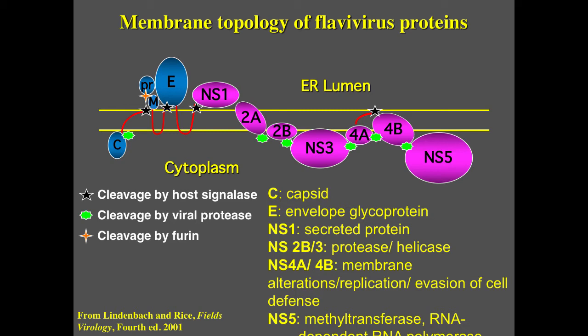Then this NS2B3 protease first autocleaves itself, and then it's active and is able to cleave these different spots shown by the green stars, and also releases the capsid from its transmembrane domain. Remember, you're moving in and out of the ER, so you often have to span the membrane. So these are either fairly hydrophobic, membrane associated, or they have domains which have to be removed if they're going to be fully soluble.